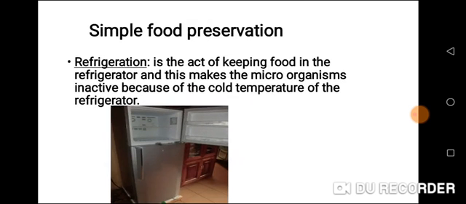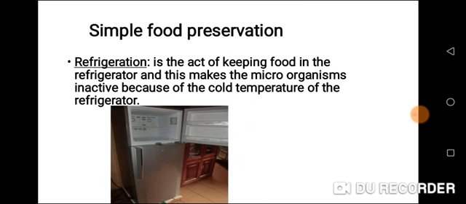Refrigeration is the act of keeping food in the refrigerator, and this makes the microorganisms inactive because of the cold temperature of the refrigerator. For example, if there is no light for 2 days, after 2 days, you will notice that the food is no longer in the best condition. At times, it may start smelling. Why?